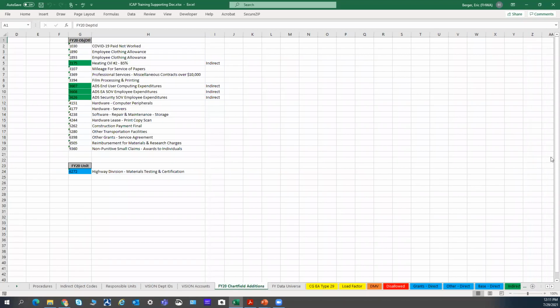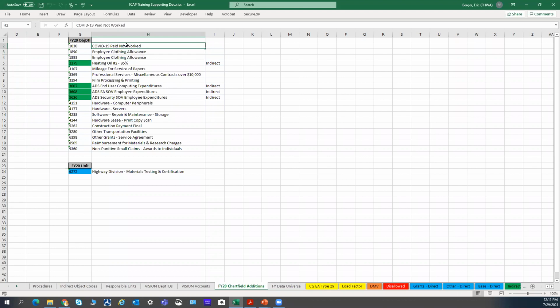So here are some chart field additions. You can see some COVID style additions up here. When I say additions, we talked about historical data. In their historical data for 18, 19, and 20, these specific items were not included, but they needed to identify them going forward, and COVID was one of them.